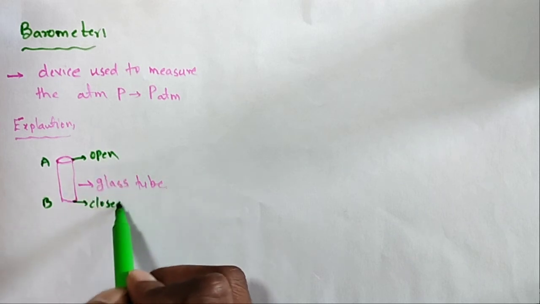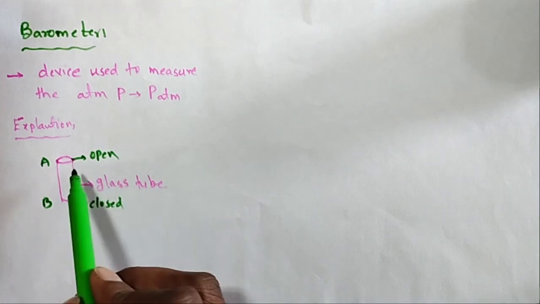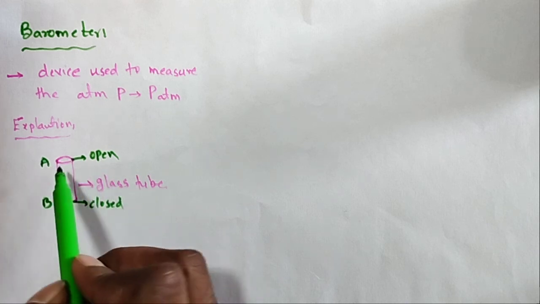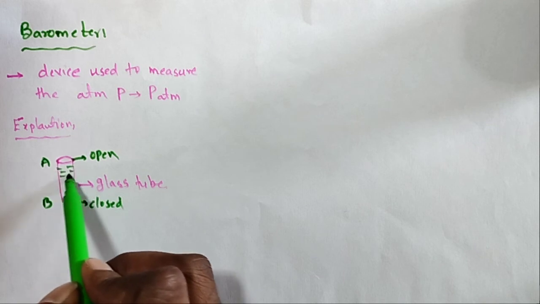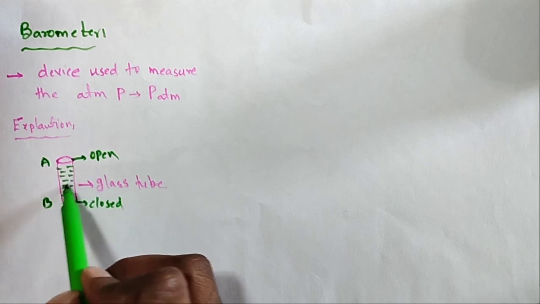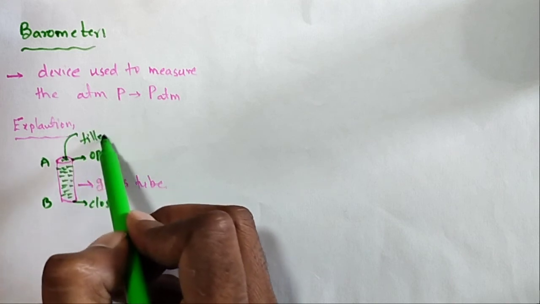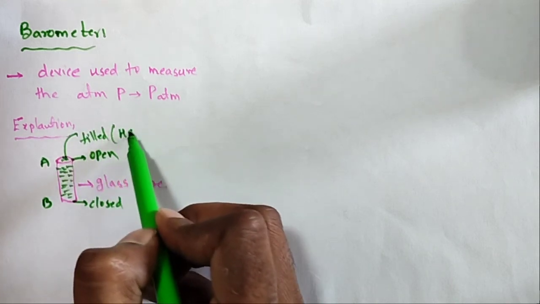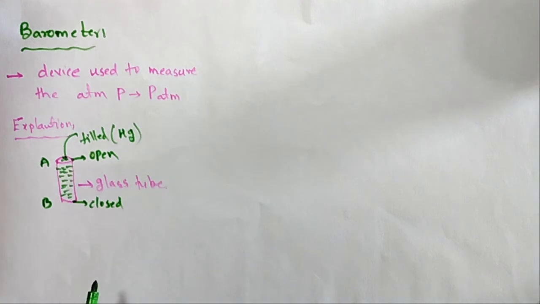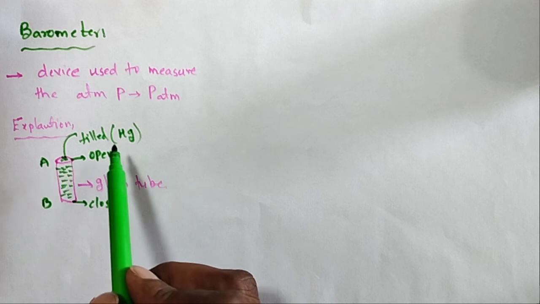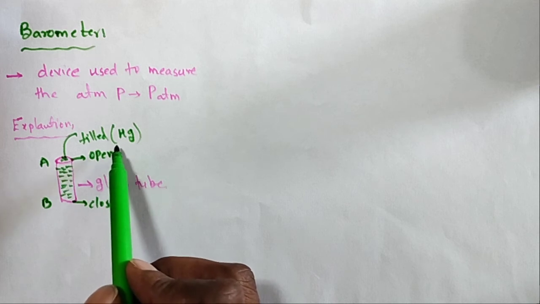This glass tube is filled with mercury. Hg is mercury, which has high density.